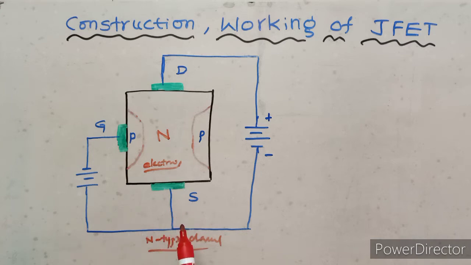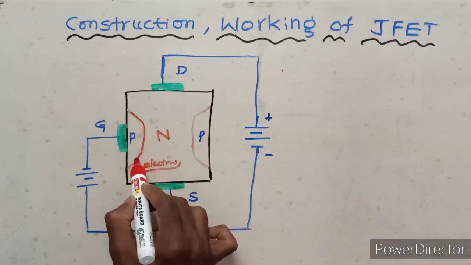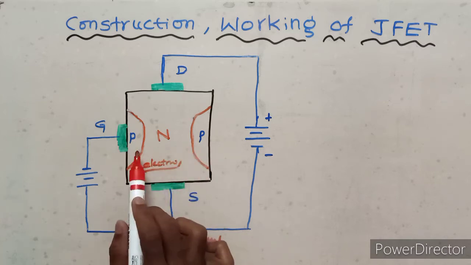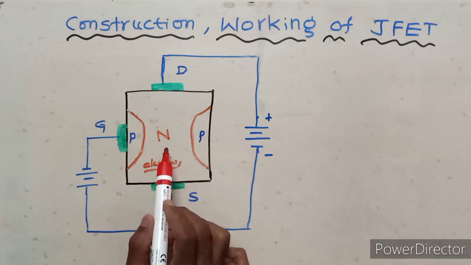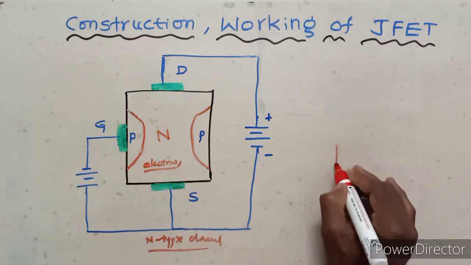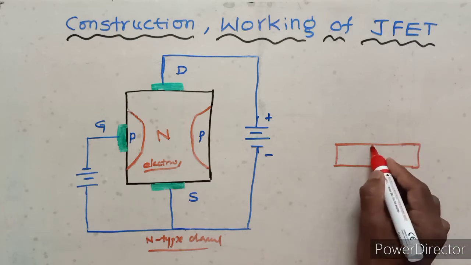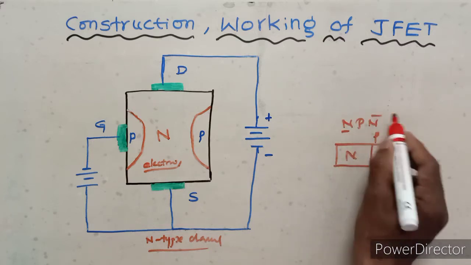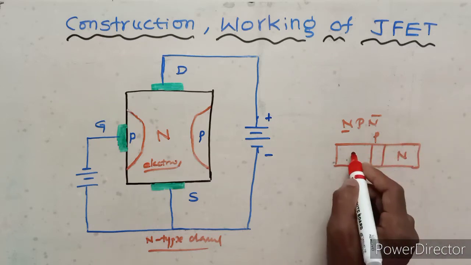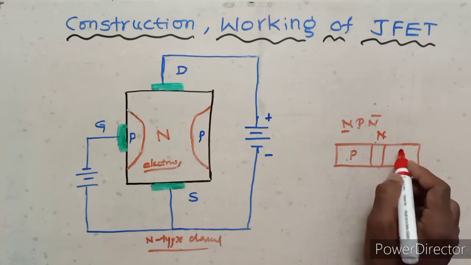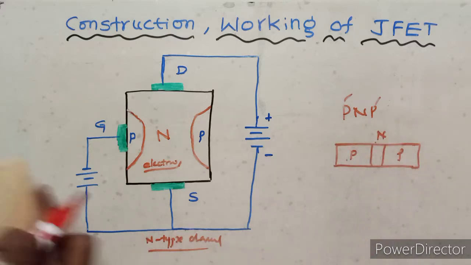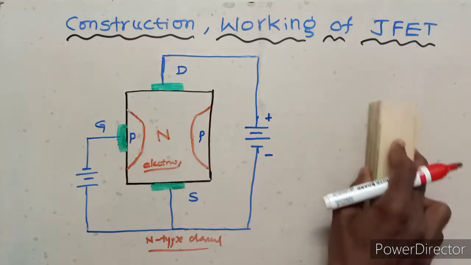Here the majority charge carriers are only electrons, but in an NPN transistor there are two majority charge carriers, so that is a bipolar junction transistor.